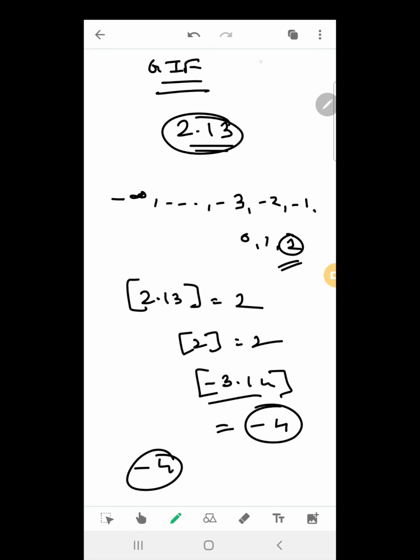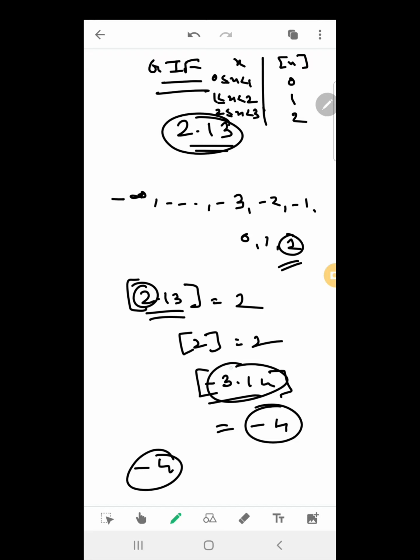You can arrange the greatest integer function values in a table like this. If this is x, this is your greatest integer function. If x lies in this range, the value is 0. If x lies in this range, it will be 1. If x lies in this range, it will be 2, and so on. If you have a positive decimal, the value will be the integer portion.